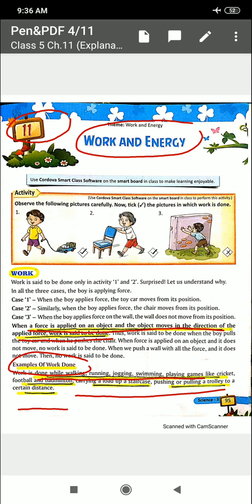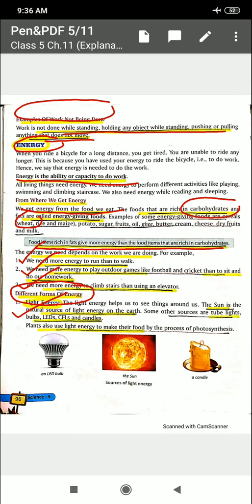So children, you need to learn this definition as it is from the book as well as from the written work which you have done in the notebook. Then we discussed the examples of work done and work not being done in our daily life. After that, I explained the topic energy. First of all, what is the definition of energy? Energy is the ability or capacity to do work.